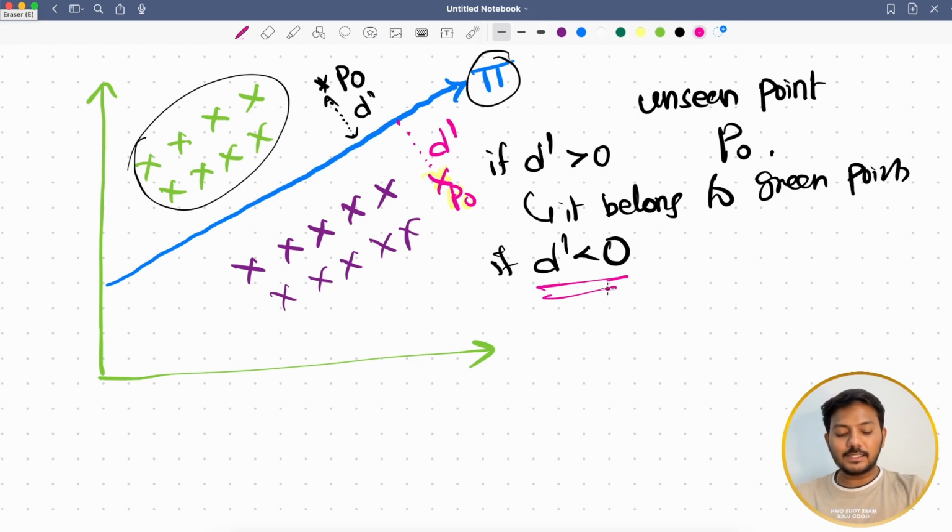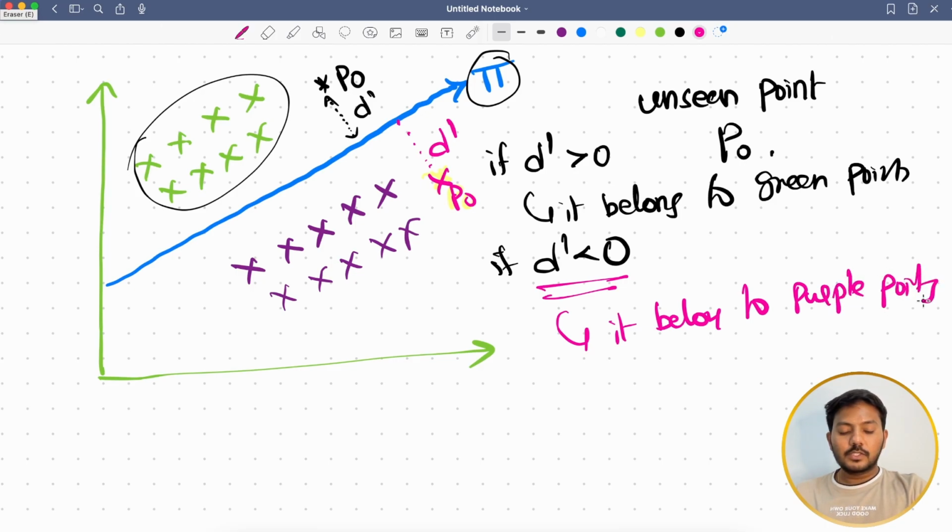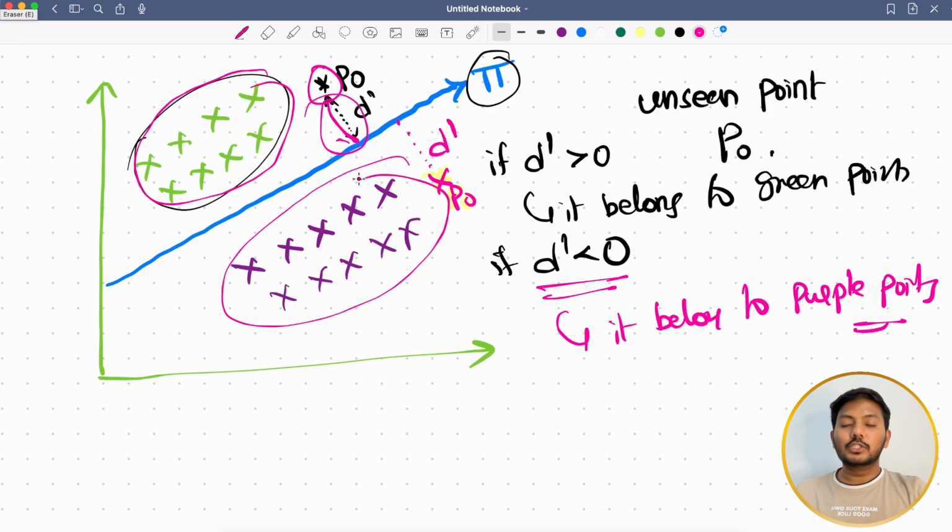If my d dash is less than 0, it belongs to the purple points. So by measuring the distance of a point from a given plane, we try to predict which class it belongs to. That is why we need to learn how to calculate the distance of a point from a given plane, and this we will generalize to n dimensions.